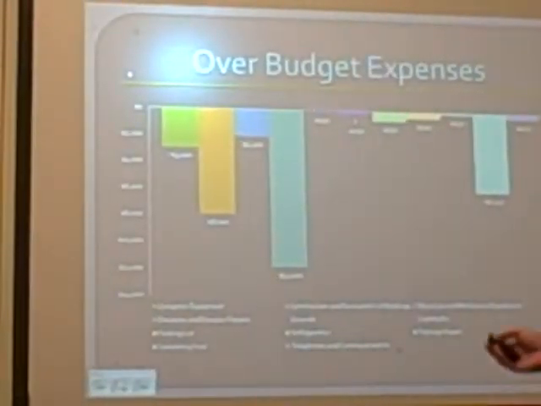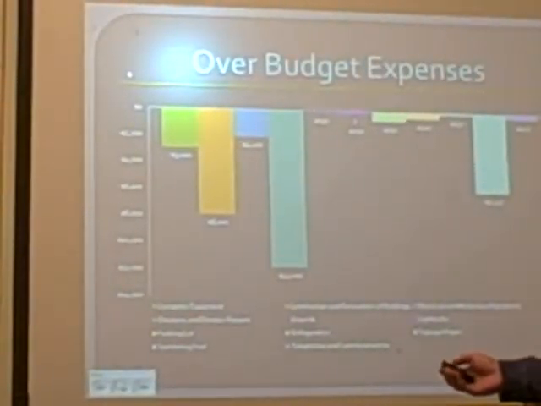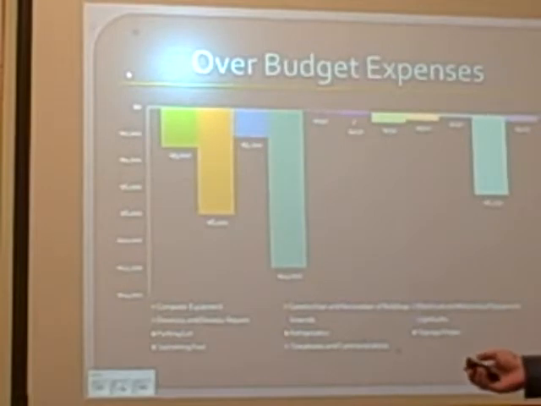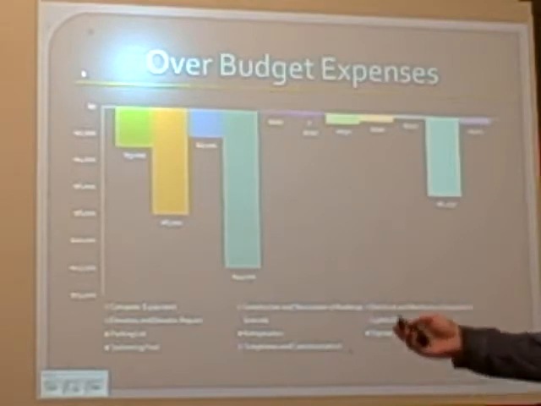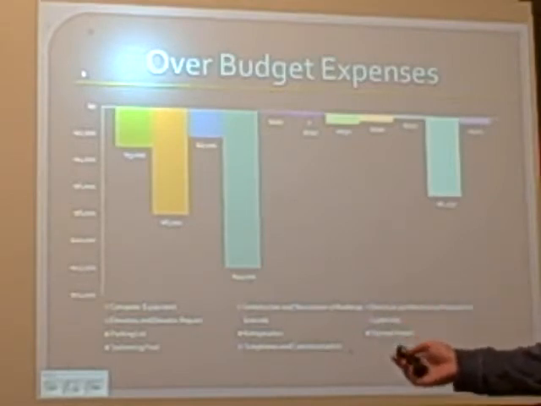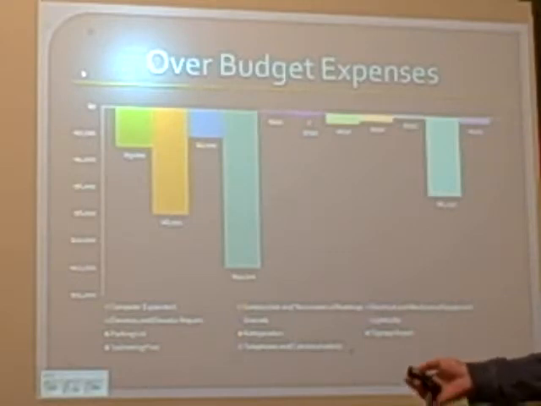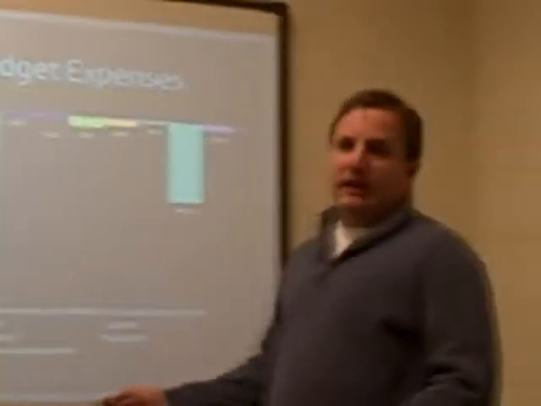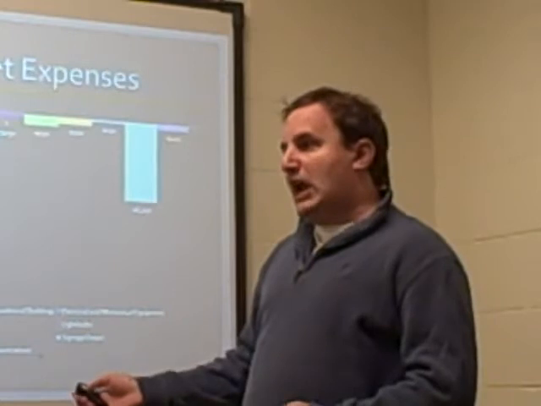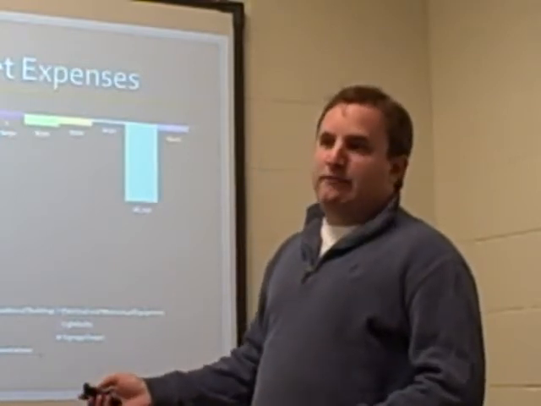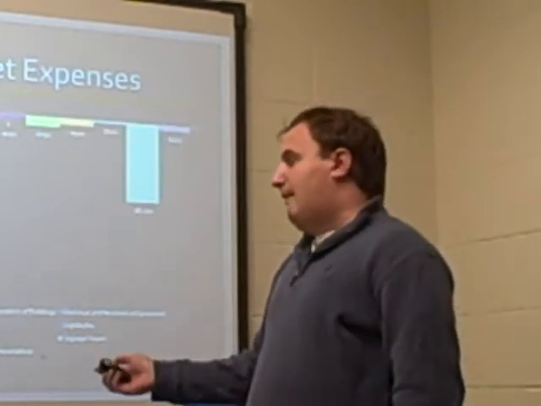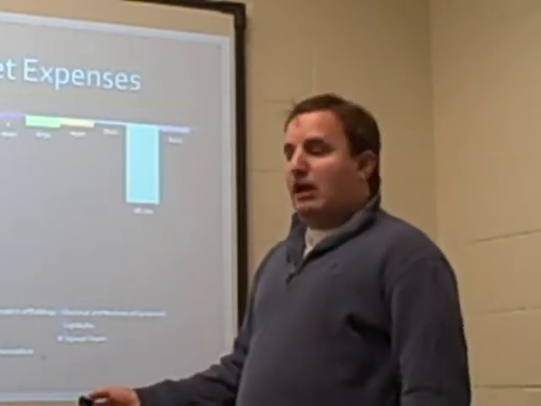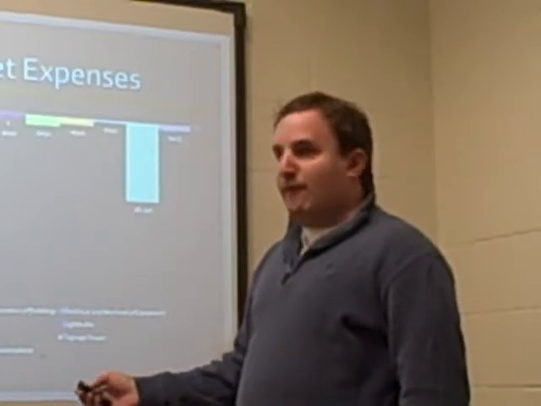Here's a graph of all of our categories which are over budget. You're talking about multiple thousands of dollars for the first quarter, even though most of the expenses occurred in the first month of January. We do not know if that was a smart decision, because we do not know if these categories can bounce back from being over budget.